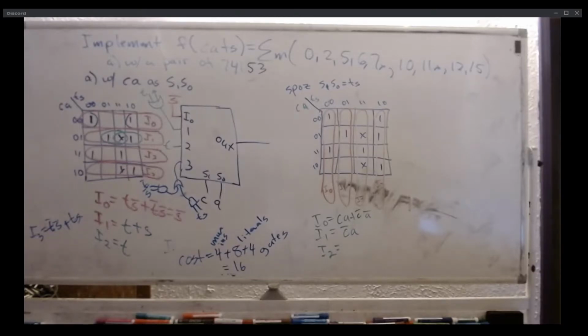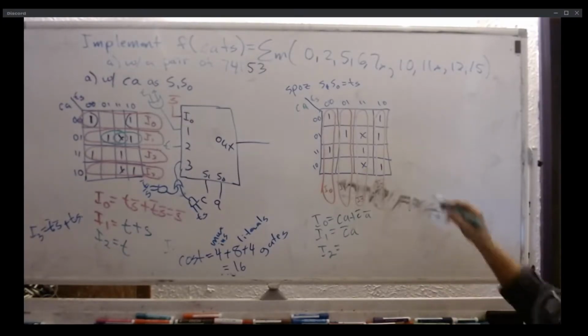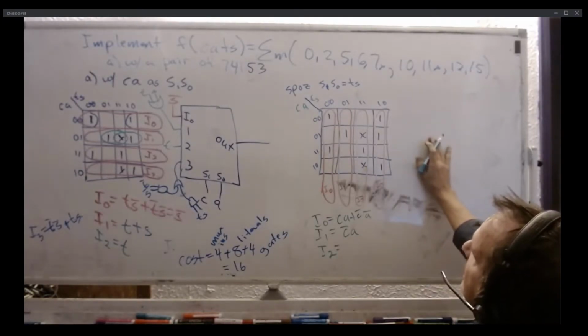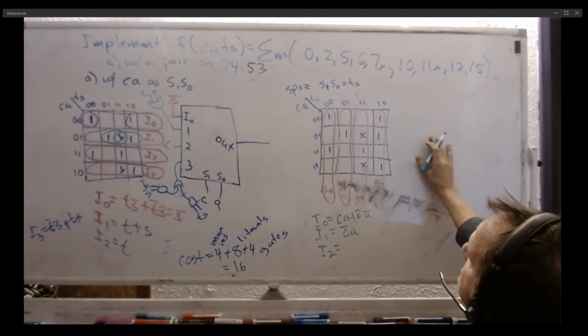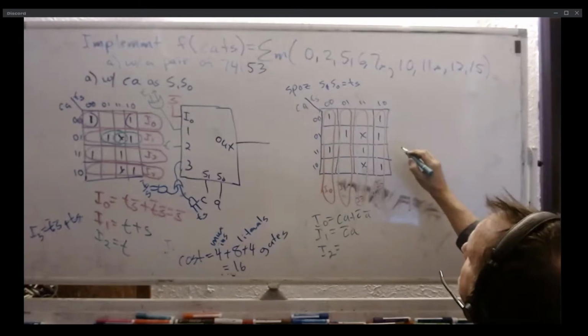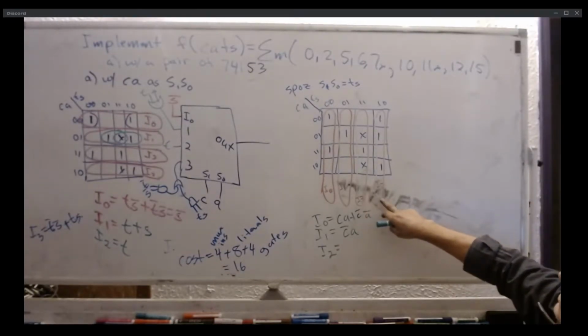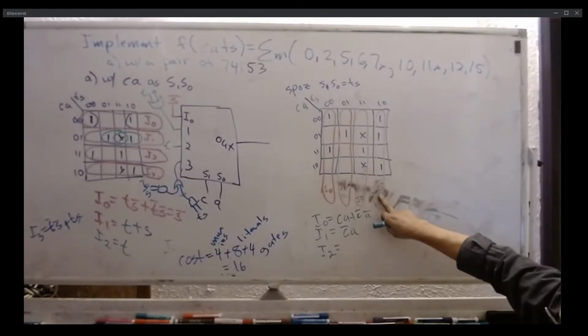What do you guys see there? Make that A. Shout it out. A. Where do you get A? So you have the 1, and then the don't care above that, you make that a 1. Oh, no. We're on I2. Oh, my bad.